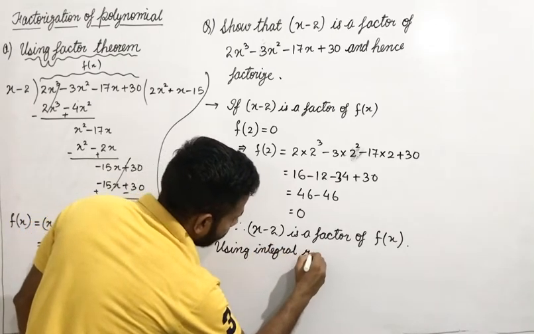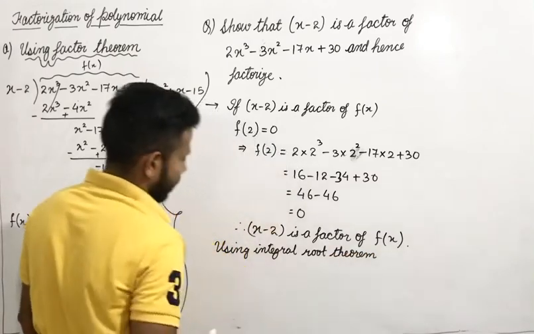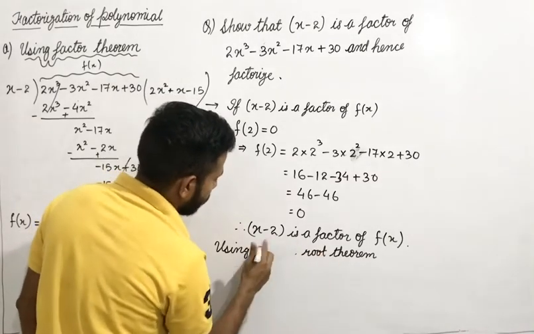So from there you write, using integral root theorem, you can write rational root theorem as well, since the leading coefficient is 2.